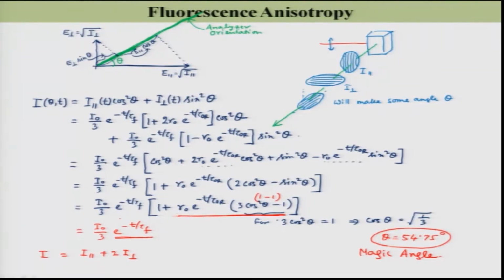But if you are interested in the time scale which is comparable with the tau r, then your decay will be distorted. For example, suppose you have a fluorophore whose lifetime is 1 microsecond. You are going to measure this decay from 0 to let us say 5 microseconds.